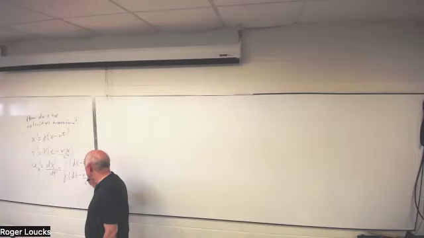Look at that, they cancel here. And this is my buddy ux. So what do we get? We get ux prime equals ux minus v over 1 minus v ux over c squared.